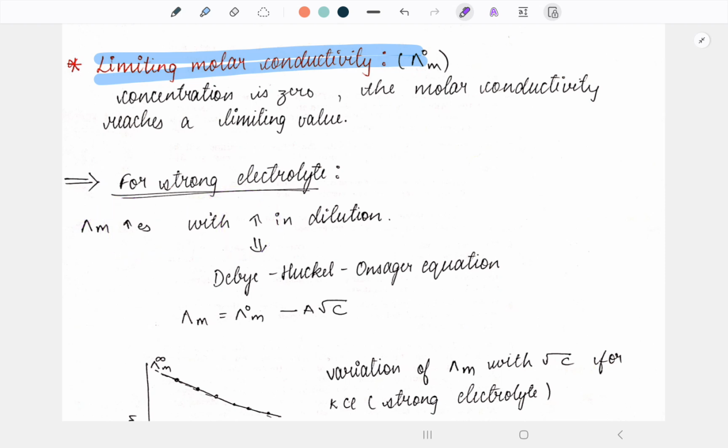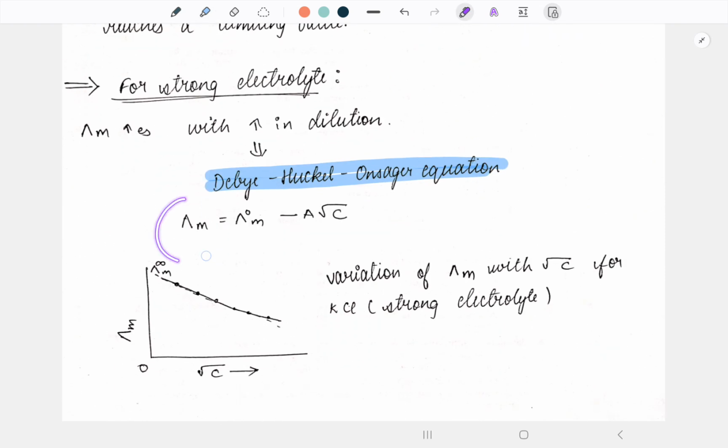This is represented by the following equation, which is that the molar conductivity is equal to the limiting molar conductivity minus A root C. Here A is a constant that depends upon the viscosity and dielectric constant of the solvent, while C is the concentration of the solution.